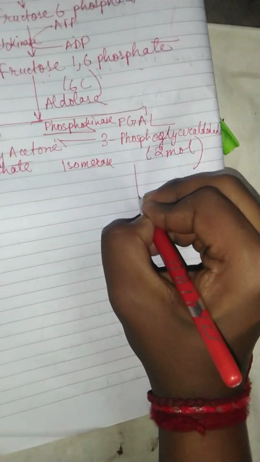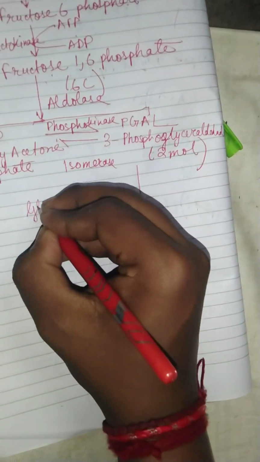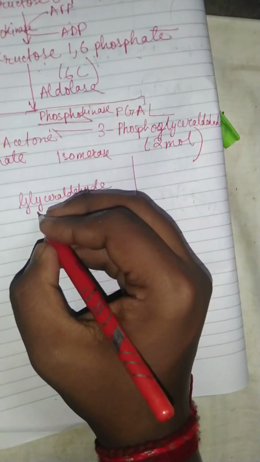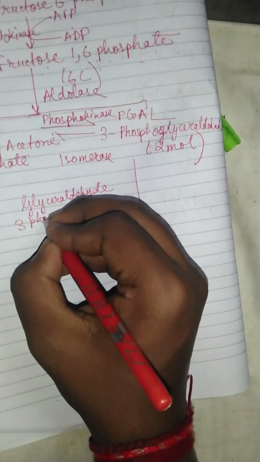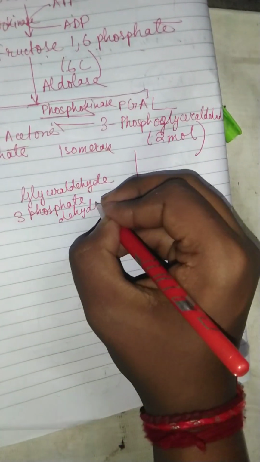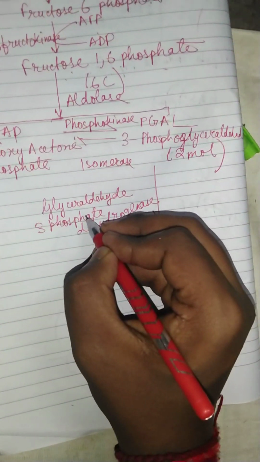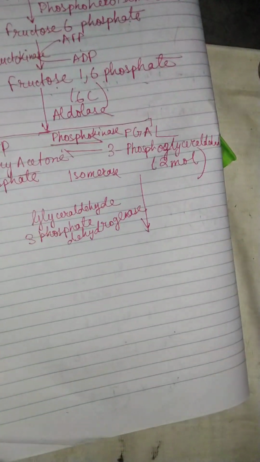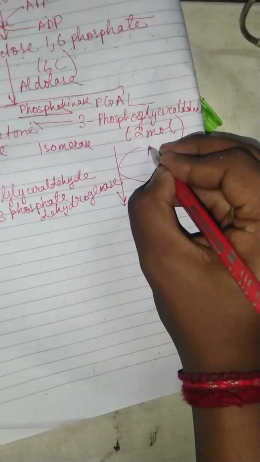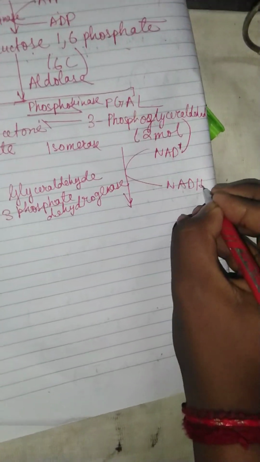Now the enzyme that is responsible is known as glyceraldehyde 3-phosphate dehydrogenase, and in this process NAD plus converts into NADH2.